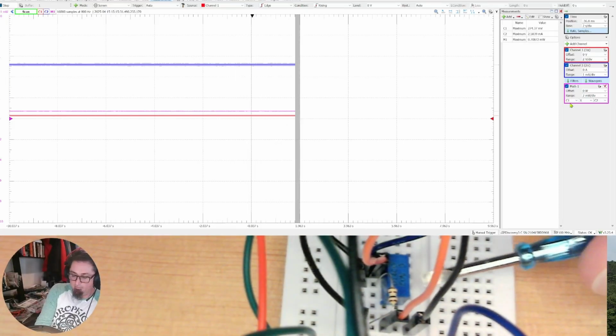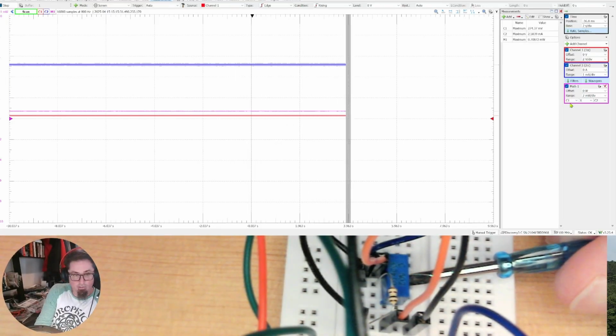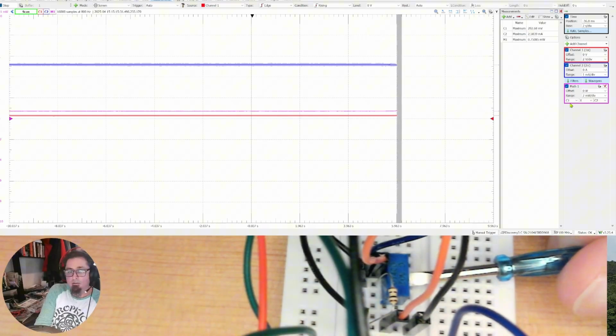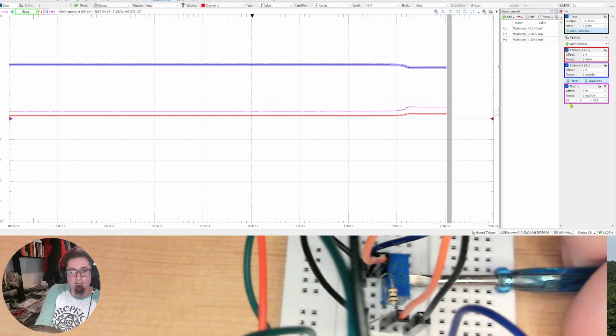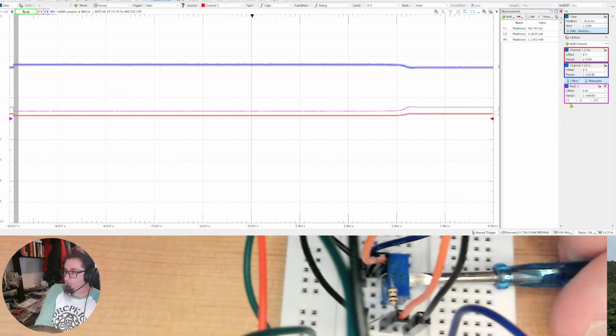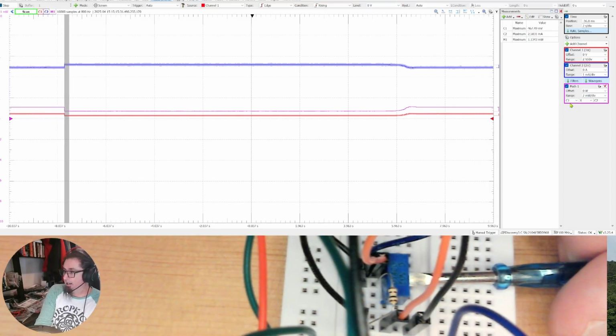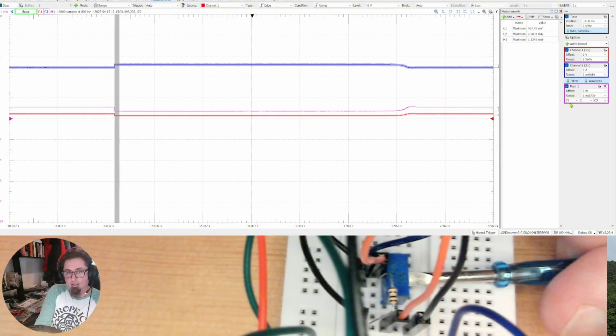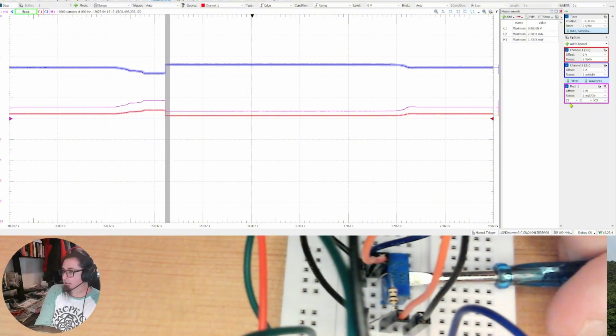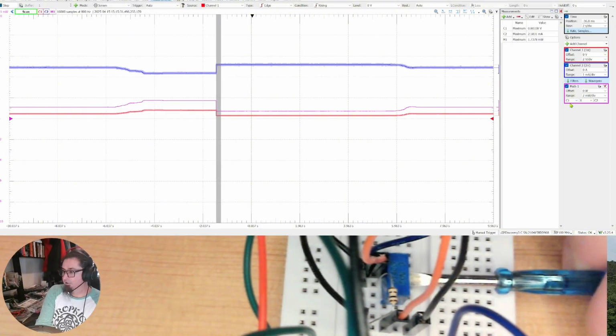of 0.7. So we'll go ahead and increase the, and as you can see, as I'm increasing it, we have our voltage going up and our current going down, and our M1 maximum, which is in purple, going up.